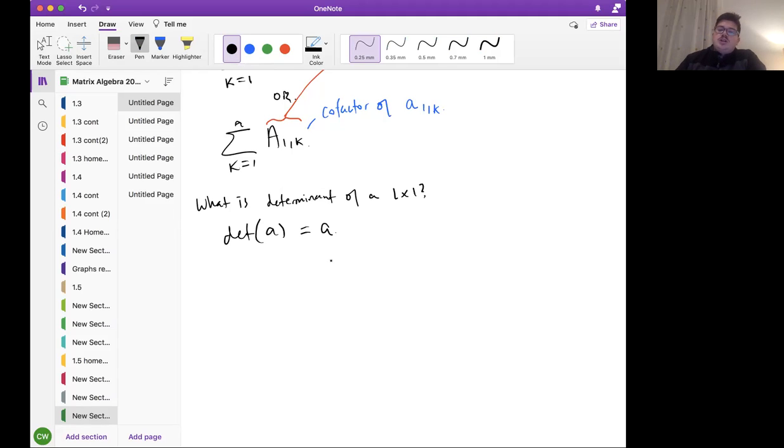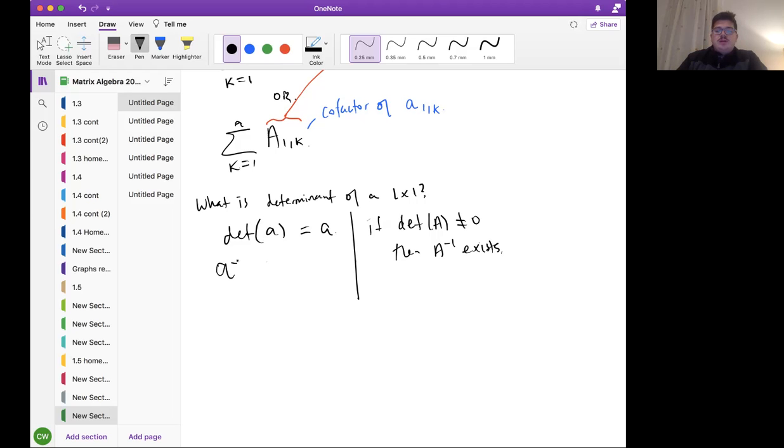Yeah, and what determines if a matrix has an inverse based on the determinant? Yeah, so if the determinant is what, then it has an inverse. Not 0, yeah. Okay, so a number.